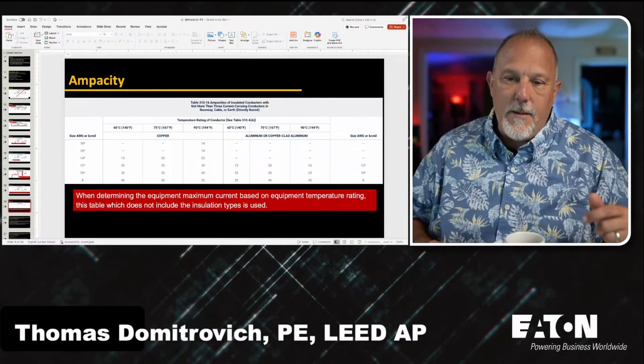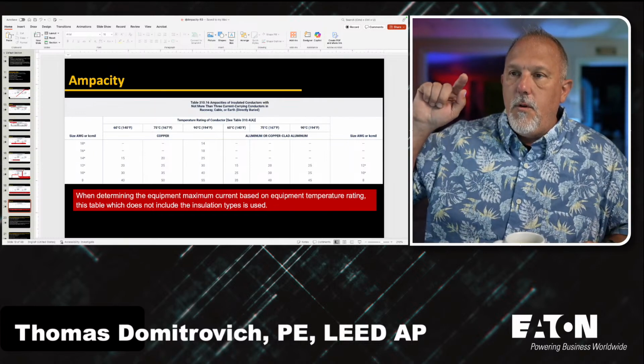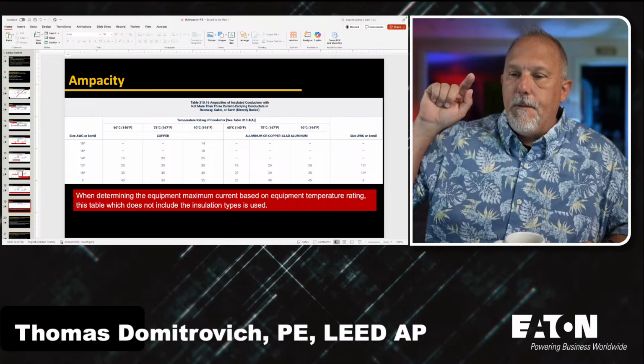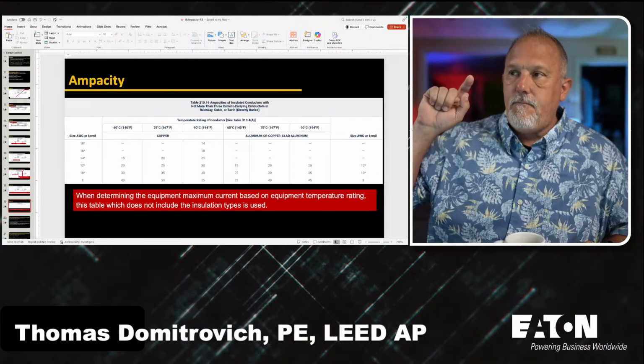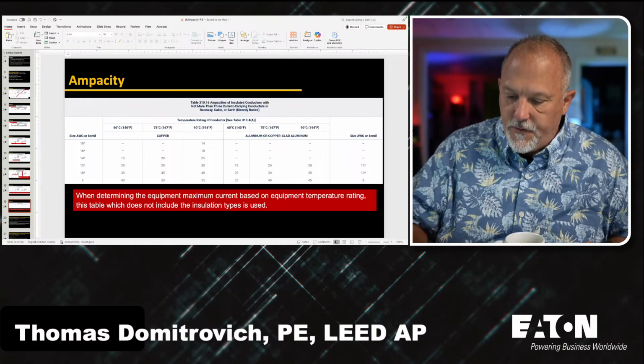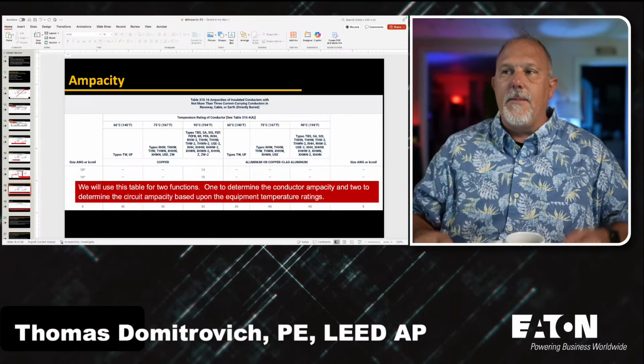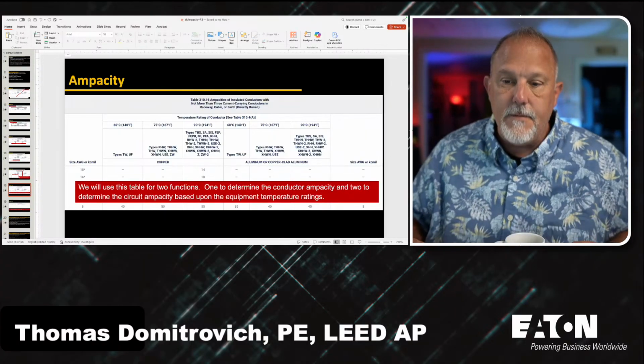Yep. So this table, what used to confuse me was they would say, well, you used a 75 degree C column. And I'd say, well, I got THHN conductor.